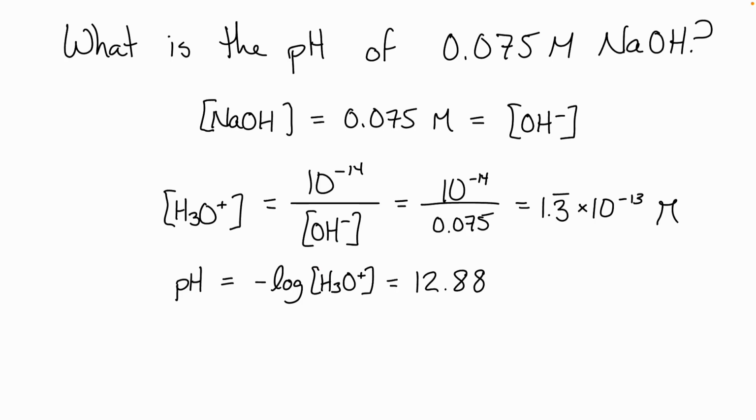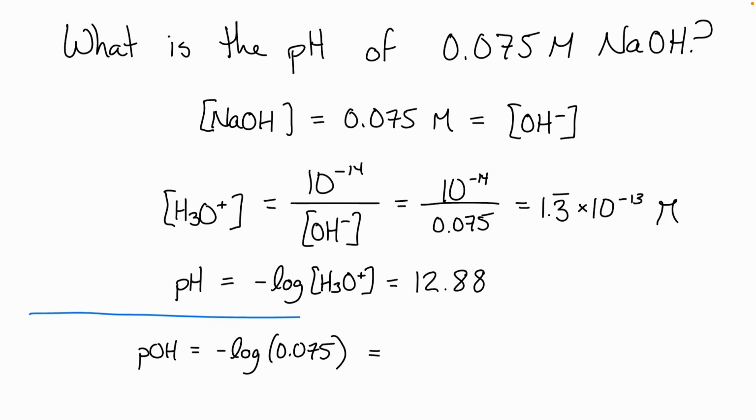The other way that you could have solved this, which is perfectly equivalent, is I could have first gotten my pOH by taking the negative log of that 0.075. I would get 1.12.